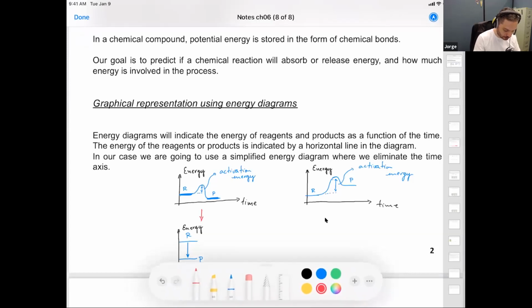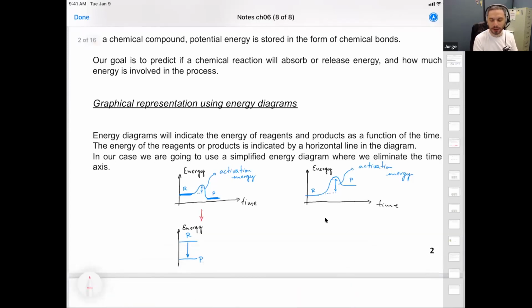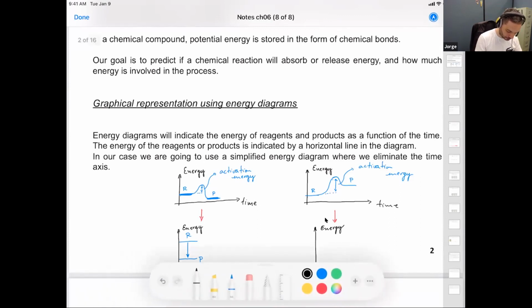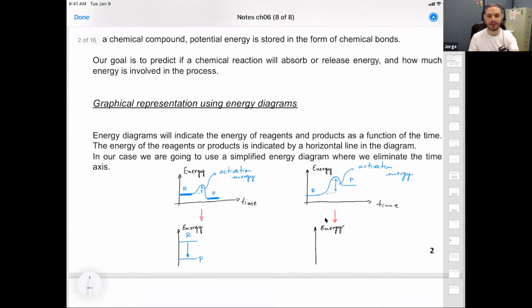And now let's do the same thing for the other possibility. So again, simplified energy diagram, only vertical energy axis. And in this case, the energy of the reagents is lower than the energy of the products.